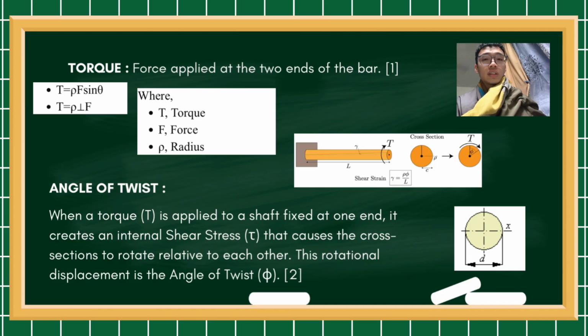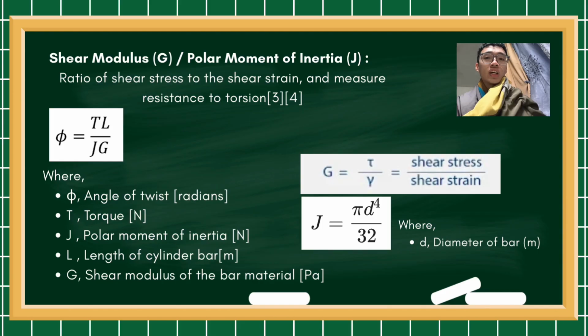The angle of twist phi is equal to T times L over J G. Phi is the angle of twist with radians as the unit, and T is torque, with newton-meters as the unit. J is the polar moment of inertia, with the unit meters to the power 4, and L is the length of the cylindrical bar, with meters as the unit.